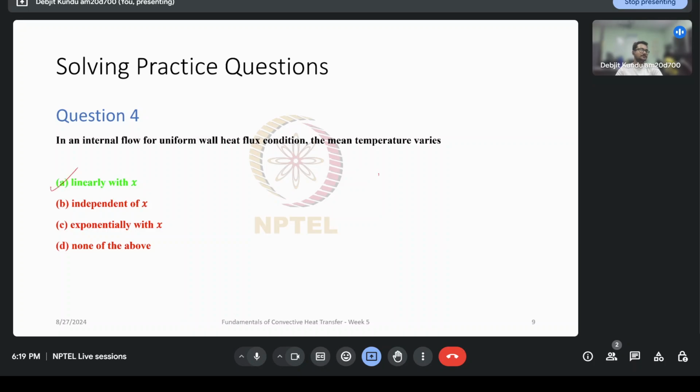So what happens in a case where there is constant heat flux, at least in the developing region?